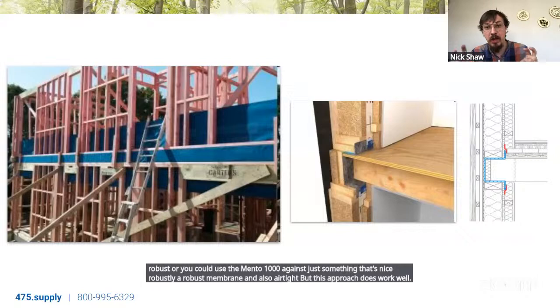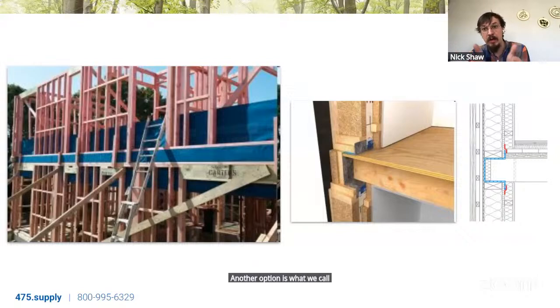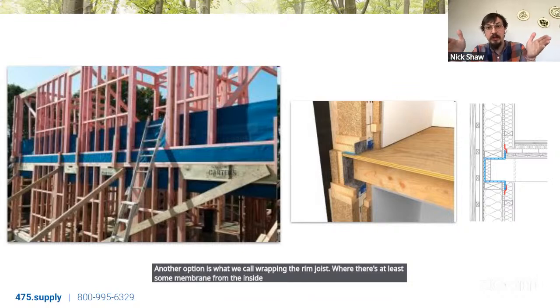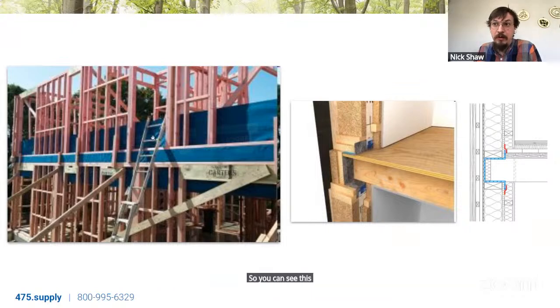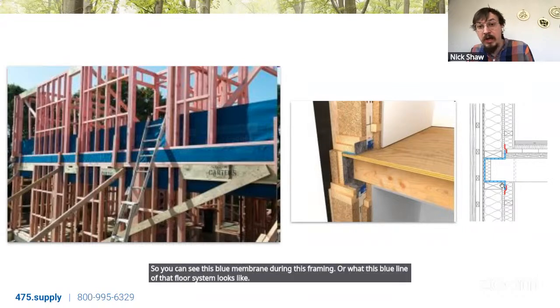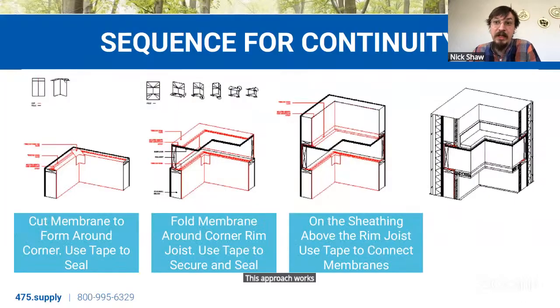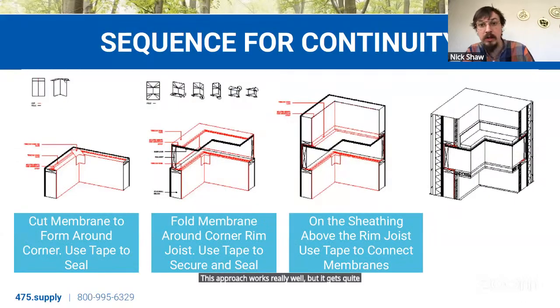Another option is what we call wrapping the rim joist, where there's a piece of membrane from the inside going over the top plates, around the rim joist, and then back in. So you can see this blue membrane during this framing, or what this blue line of that floor system looks like. This approach works really well, but it gets quite complicated at the corners.